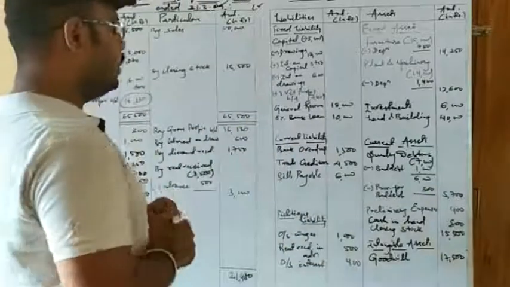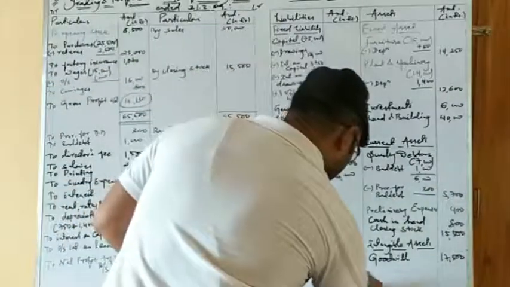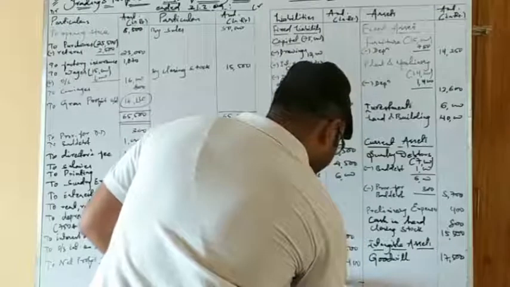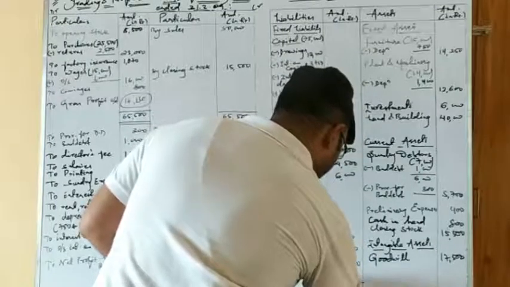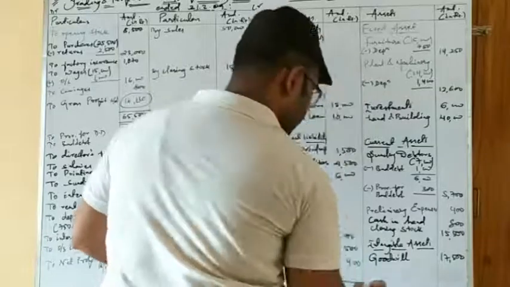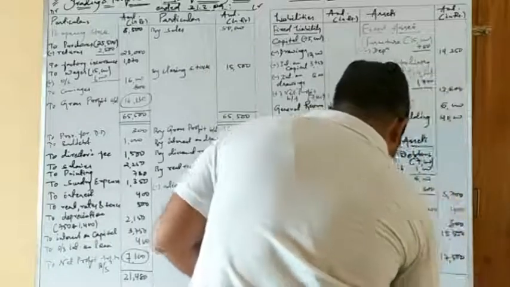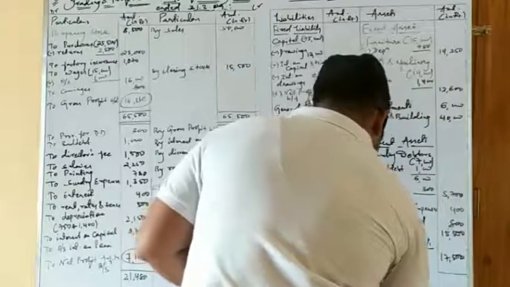Okay, now we will add up all this. Let us see whether the asset side and liability side totals come correct or not, because we have faced a lot of problems solving this problem. We have to see whether we are getting the correct answer or not.